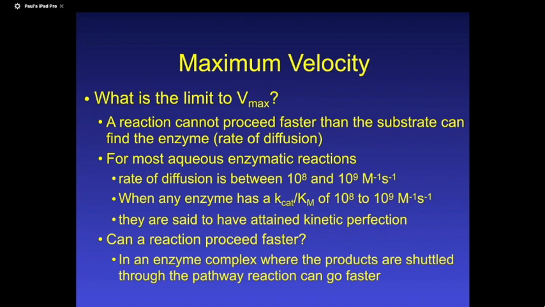If you actually have the enzymes bound to each other, you can have the entire process go faster than the rate of diffusion, because there is no diffusion that happens. One enzyme hands it to the next enzyme's active site with no diffusion, and you can increase the rate if they are bound together and you have a process occurring. Very rarely do we ever see this, but that's the way that you can get around it.